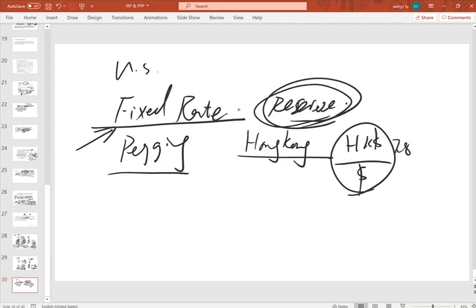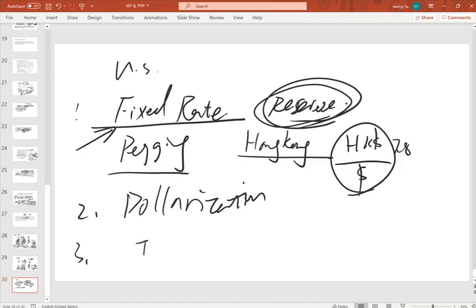So you can check the details. Some countries even have no currency of their own. They use the dollar instead. We have dollarization. And some countries have high intervention in their market. They intervene in the market a lot.